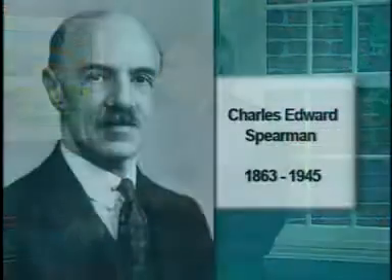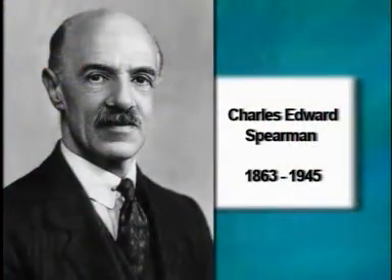It was Charles Spearman who's credited with inventing the technique of factor analysis about 100 years ago. He was studying intelligence, and he hypothesized that there was one underlying factor of general intelligence. He called it the G factor, that would underlie the results of all sorts of different measures of mathematical and verbal skills.